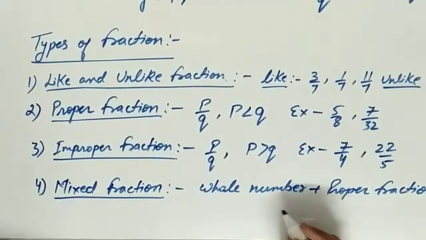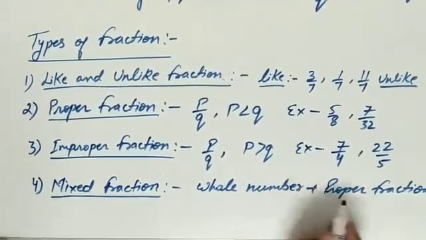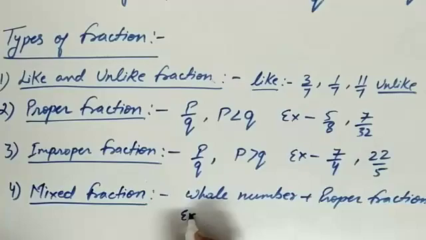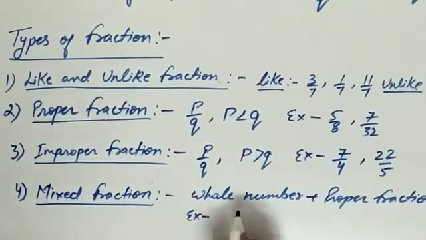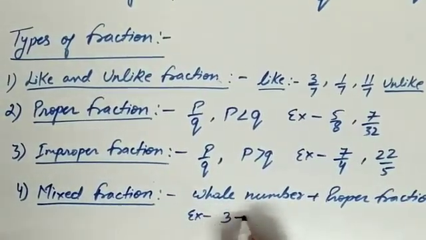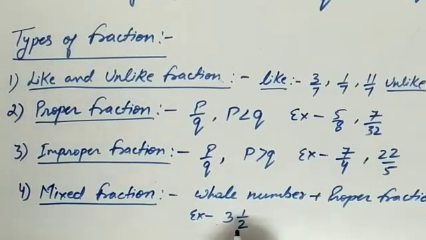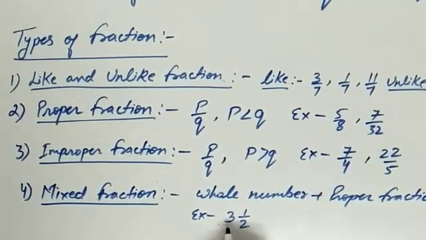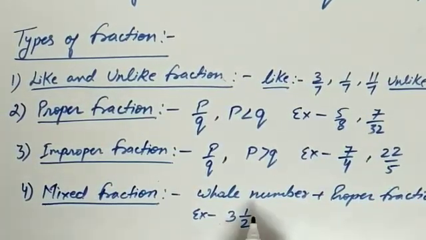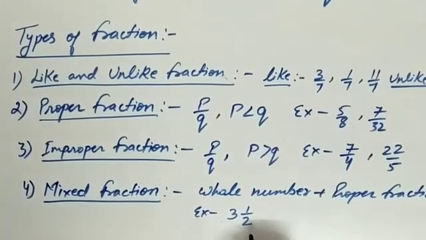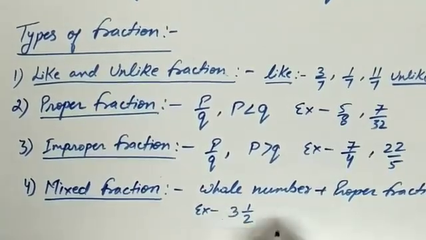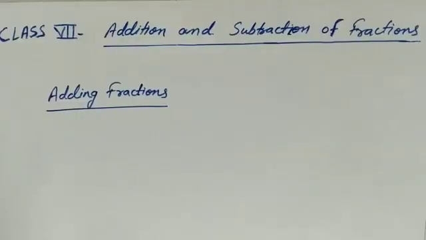For example, if I write 3 whole 1 upon 2, here this 3 is the whole number part and 1 upon 2 is the fraction part. Such a number is called a mixed fraction.